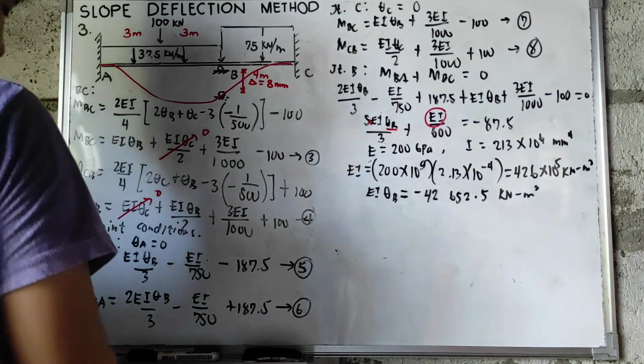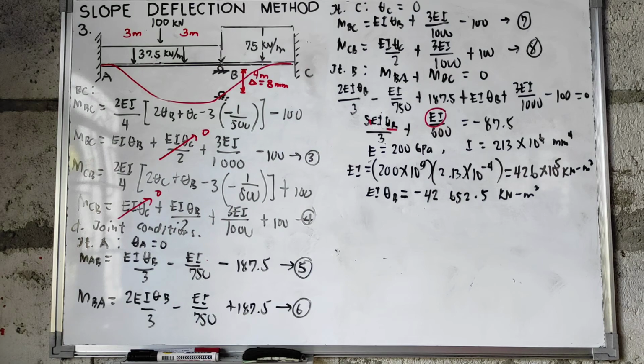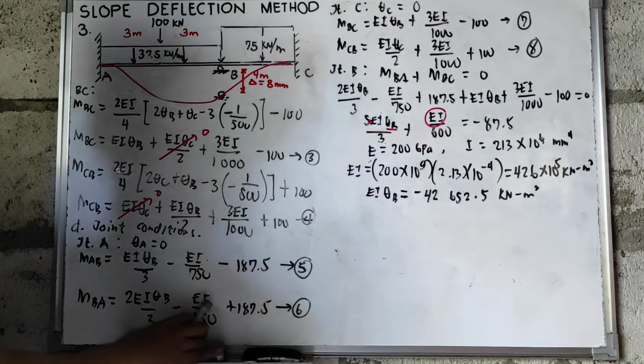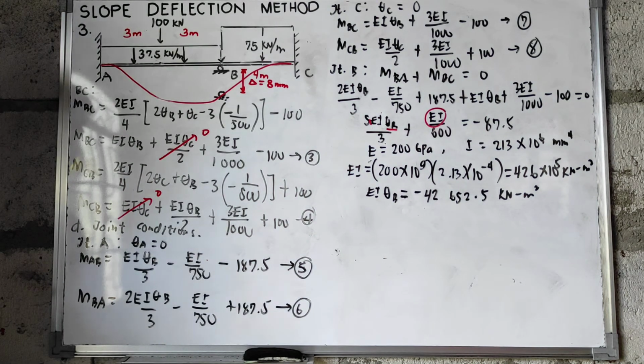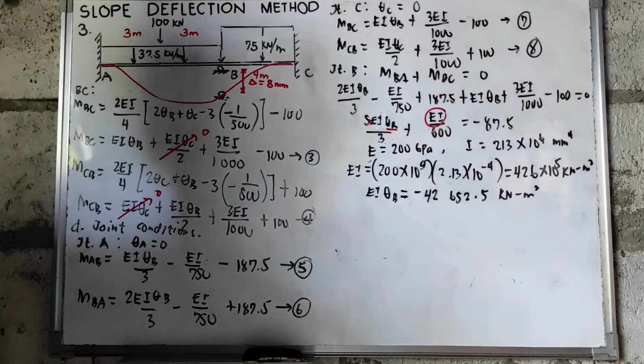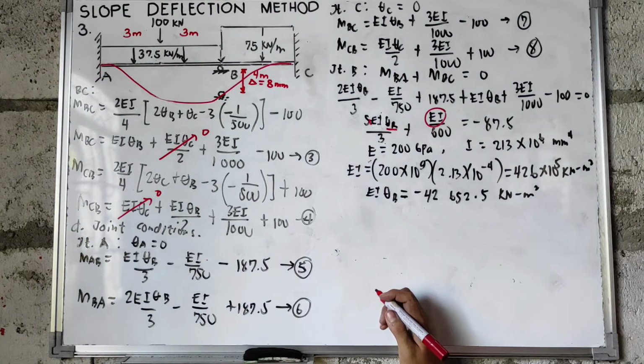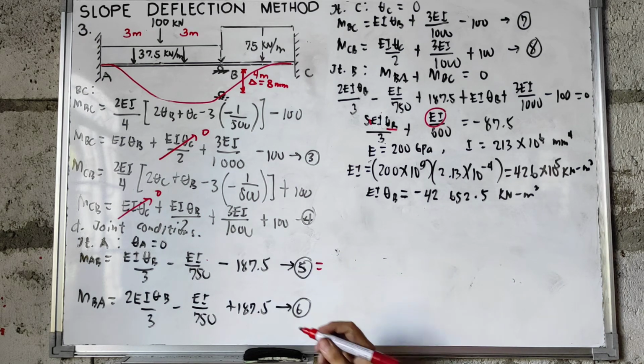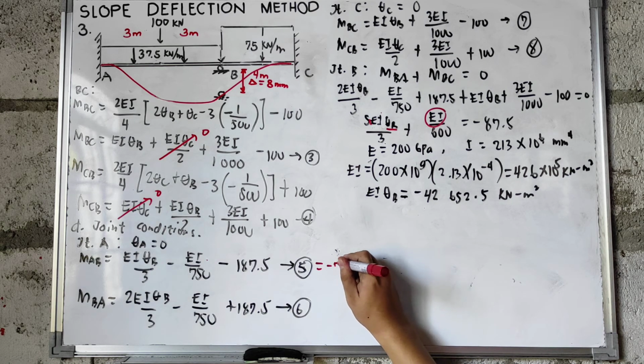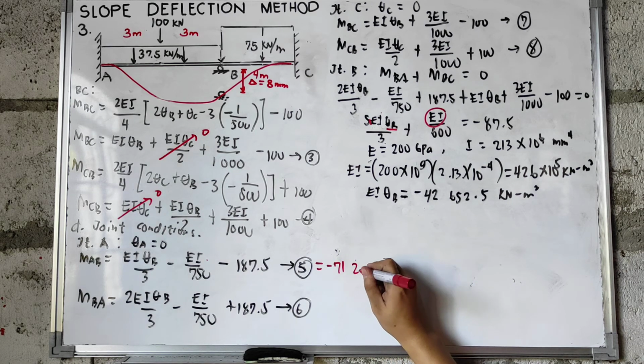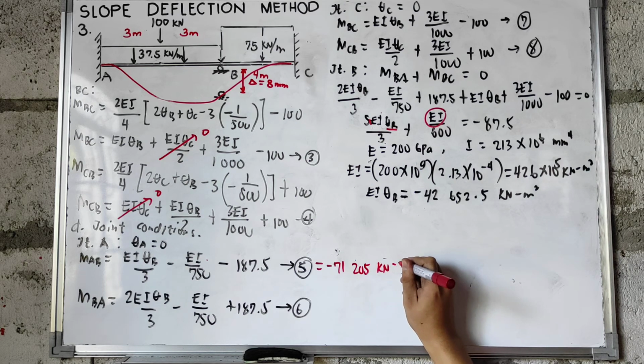So if we substitute our values into our equations, we get the value of your MAB. Just substitute the value of our EI. For the MAB, we have negative 71,205 kilonewton meter.